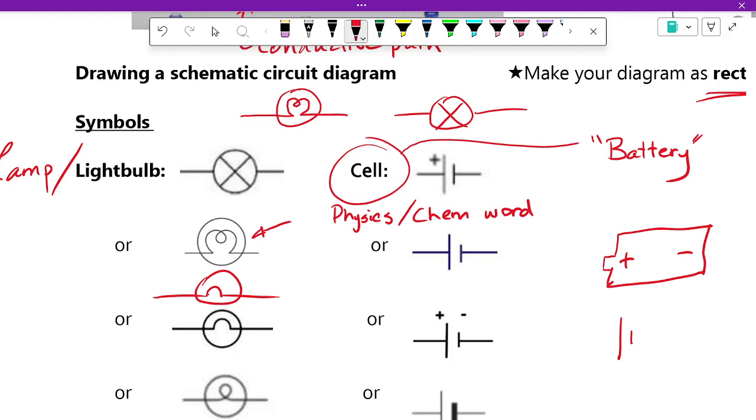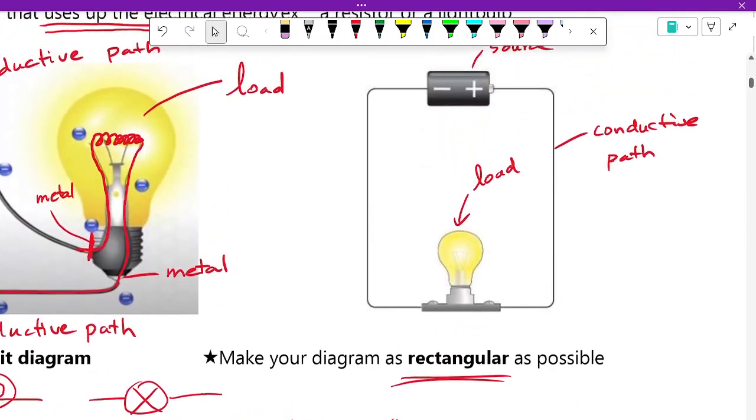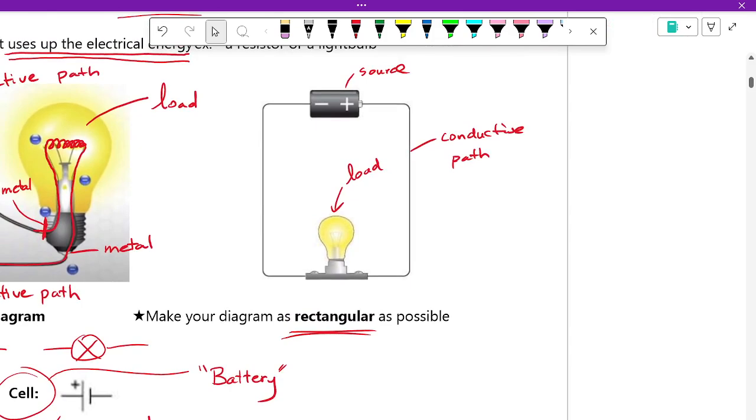So if we wanted to draw this little guy here, you'll notice that our positive is on the right and our negative is on the left. So what we would do is we would draw a positive on the right and a negative on the left.